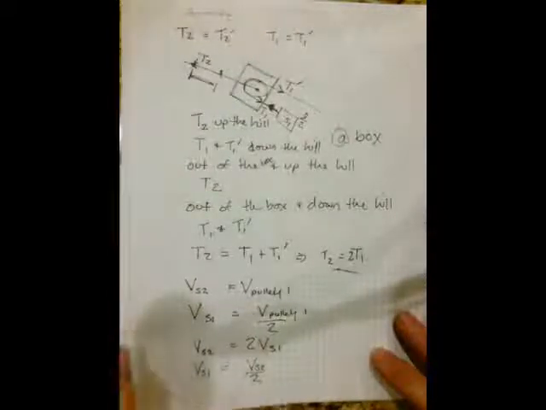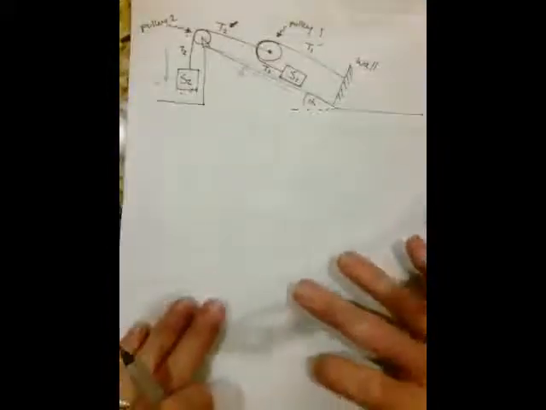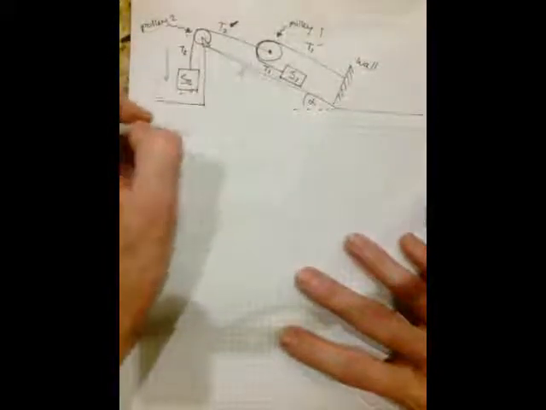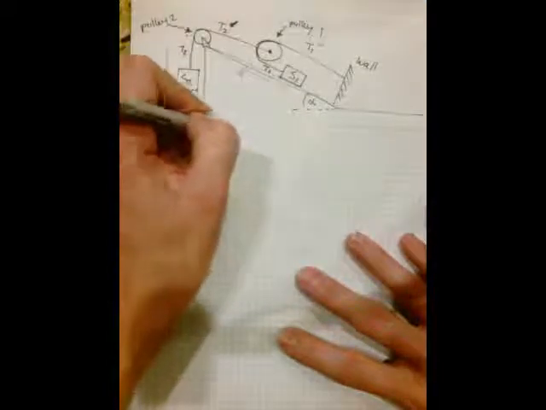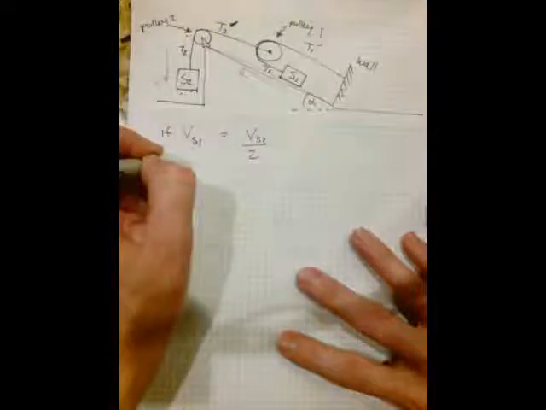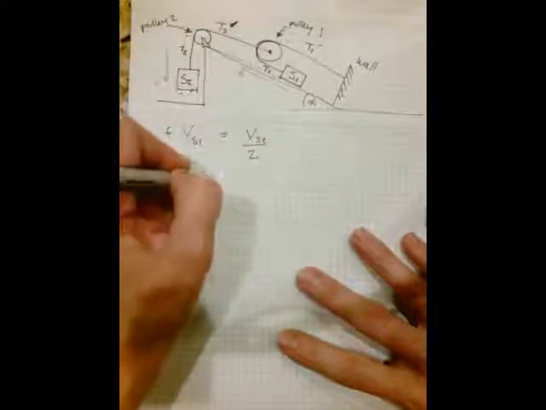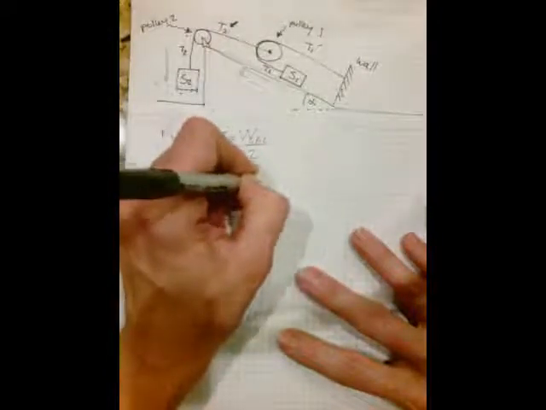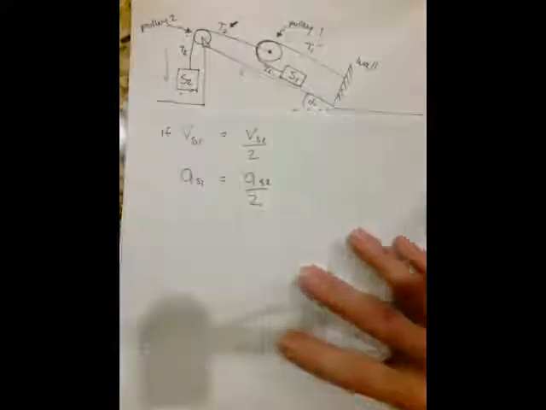Okay, so if the velocity of block 1 in any time frame is half of the velocity of block 2, then we have to conclude that the acceleration of block 1 is half the acceleration of block 2. There we go.